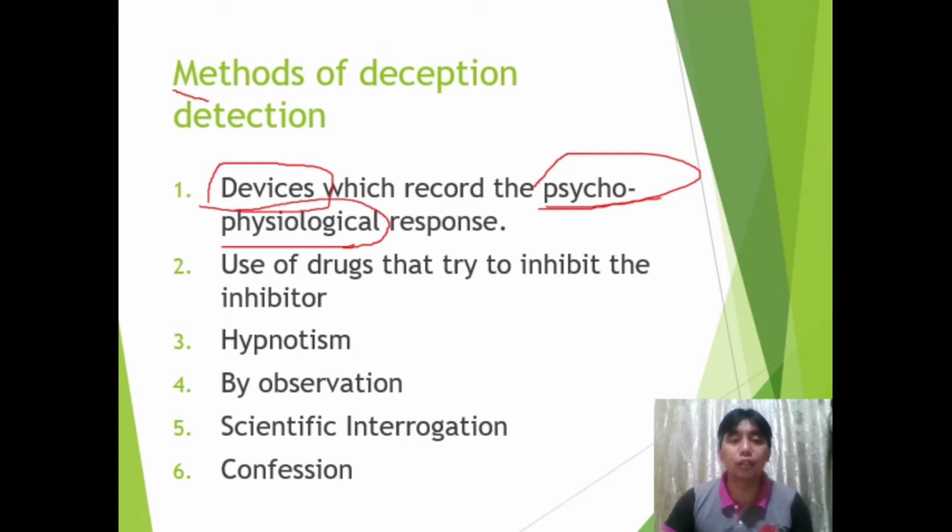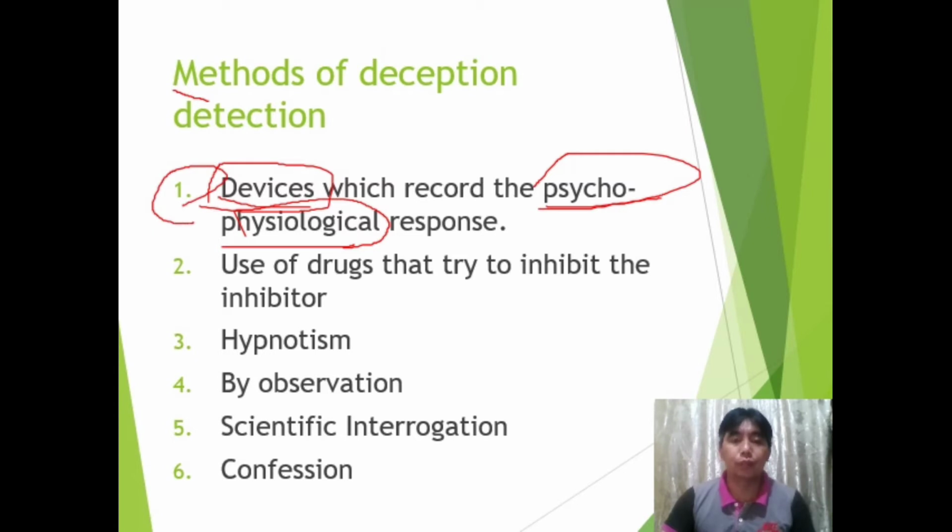So anything that uses a device or machine that records what's going on in the mind, together with what's going on in the physical body of the subject, then that falls under the number one method.